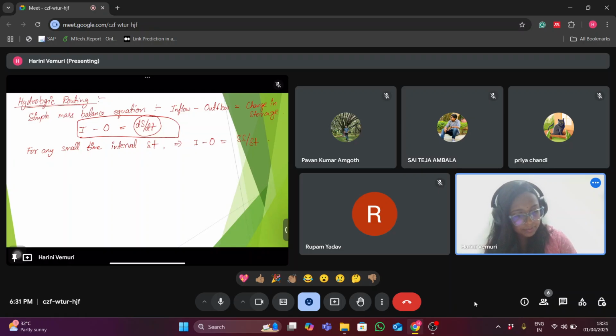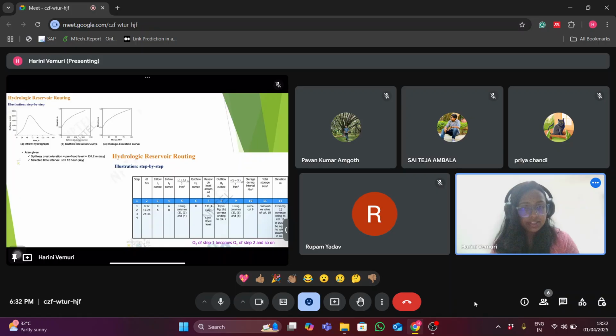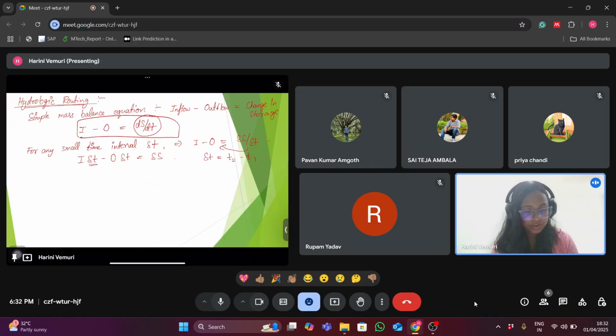If we bring delta t to the left hand side, it will be I into delta t minus O into delta t equal to delta S. Here delta t is the difference between two time steps, T2 minus T1, so we will have inflow at time step T1 and also inflow at time step T2.